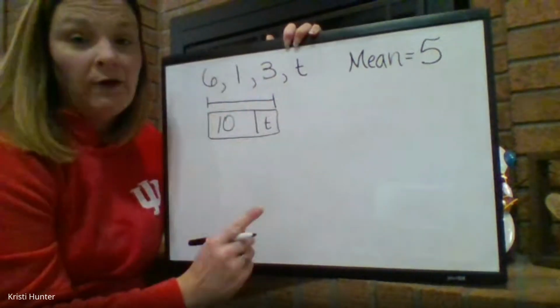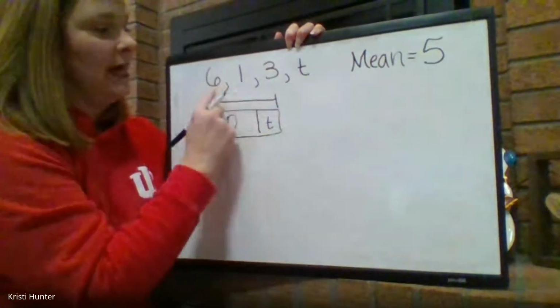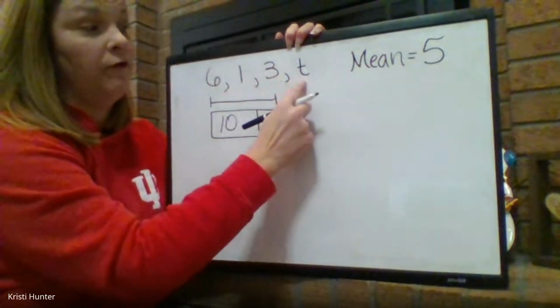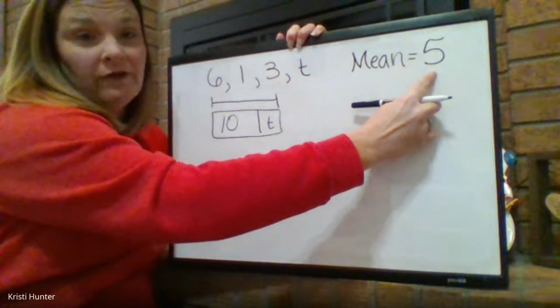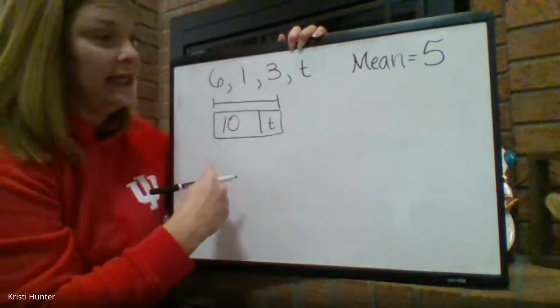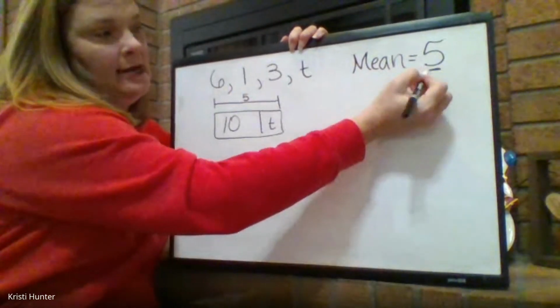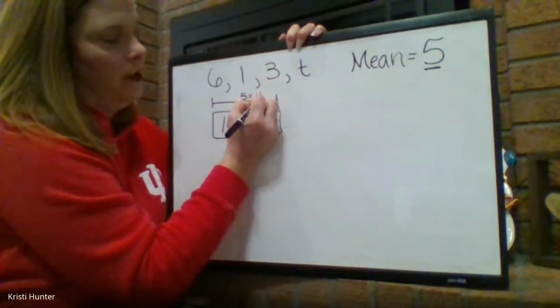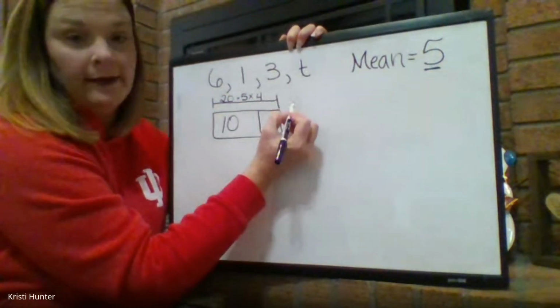And here's what I know from yesterday. If I added this all up and divided by 1, 2, 3, 4, that would have given me my mean of 5. So to do the opposite of that and undo it, I'm going to take a 5, because that's my mean, times 4, and that's going to give me a total value of 20.